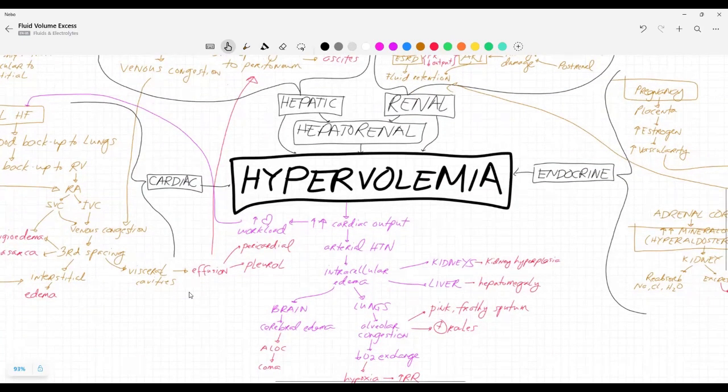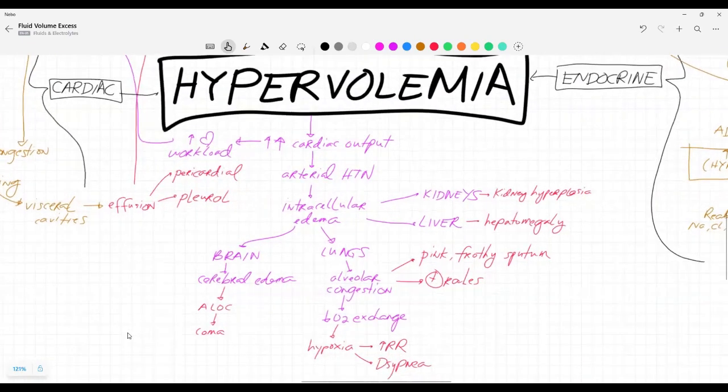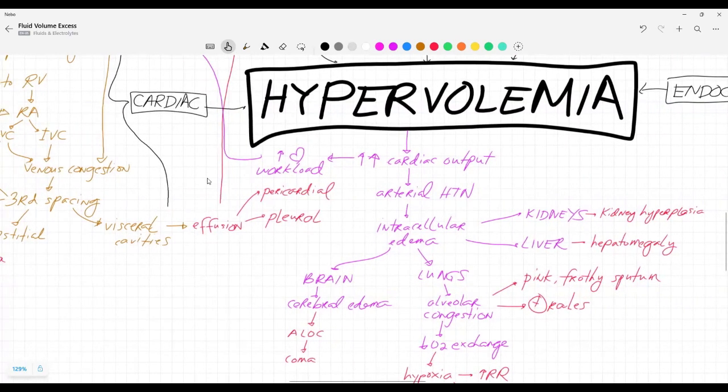So apart from these signs and symptoms that we have already identified here in red, let's look at other issues that may happen to this patient. So if there's an increase in blood volume, of course, there's an increase in cardiac output. And when there's an increase in the cardiac output, we know that that's going to increase the workload of the heart.